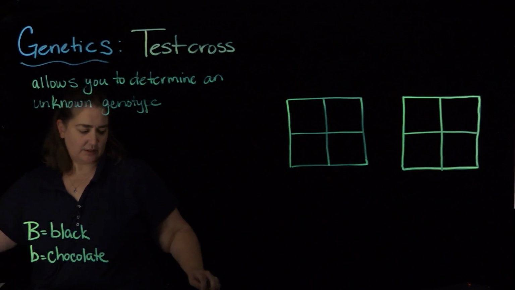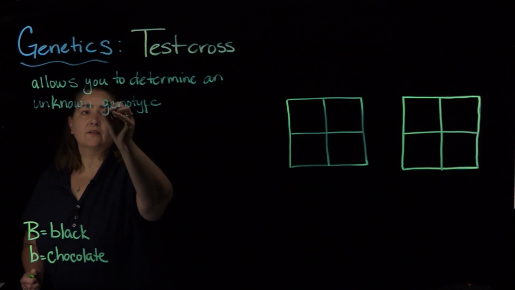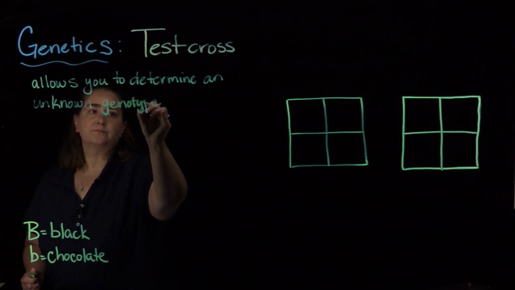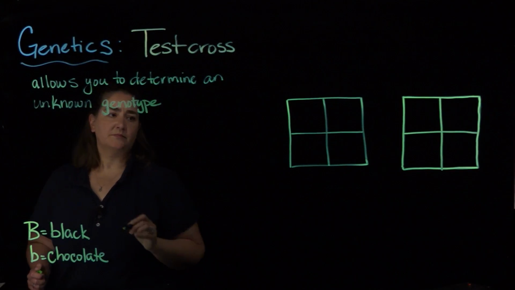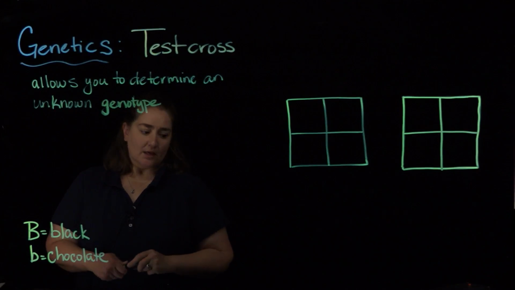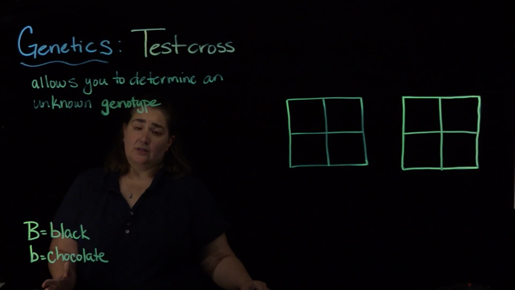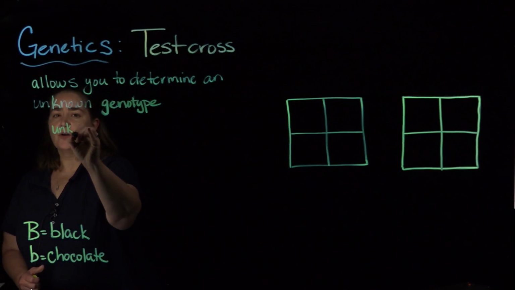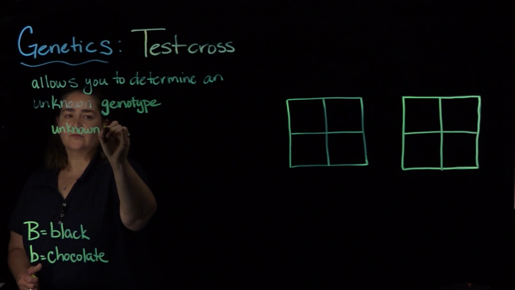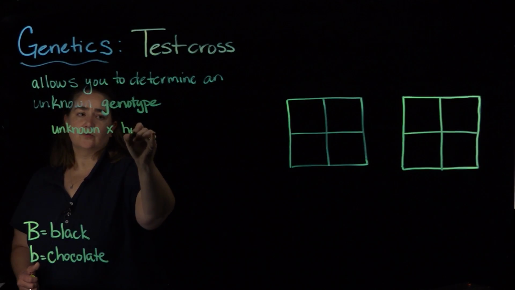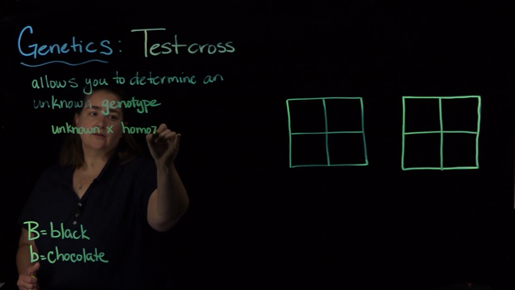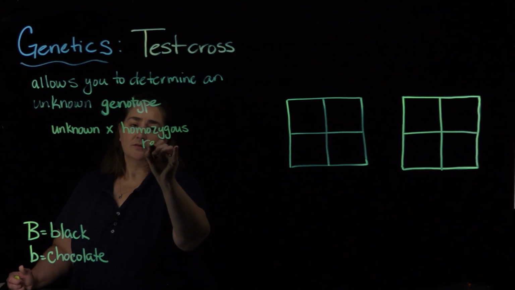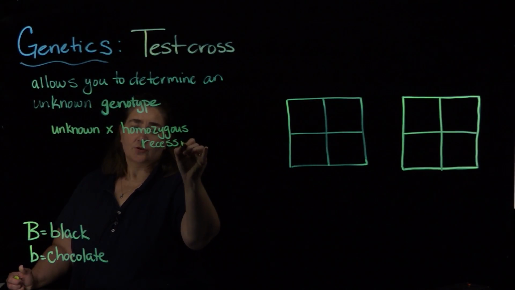So, an unknown genotype. The way we're going to do this, you're always going to cross your unknown to the homozygous recessive trait.